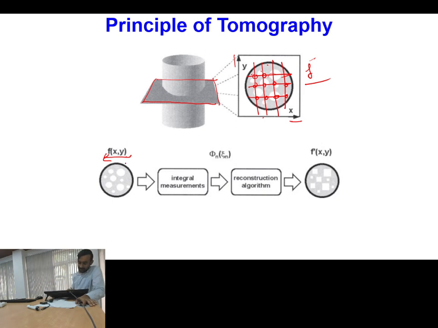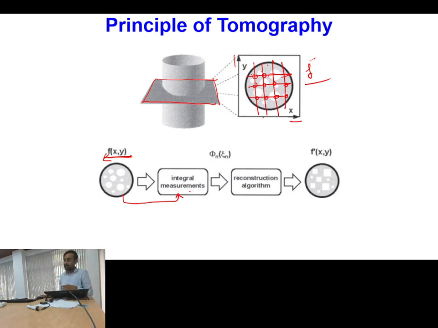So the first thing I need to do is measure f over the entire cross section, which will be a function of x and y. Of course, this measurement is called an integral measurement. Why integral measurement? Because at all the points I have to measure simultaneously. There should not be a time delay.